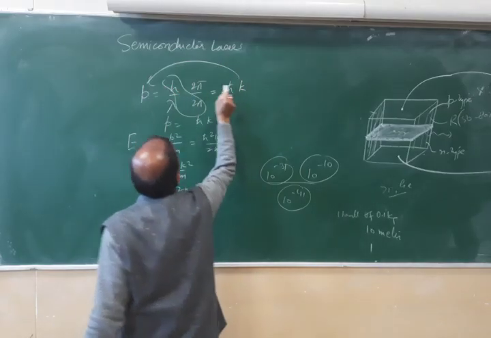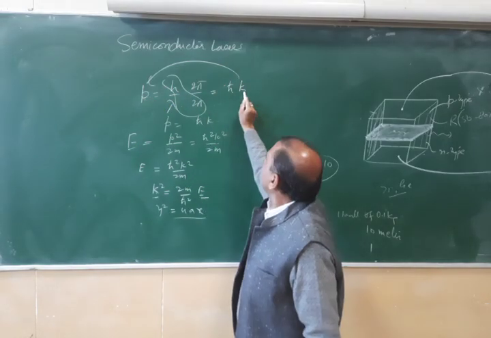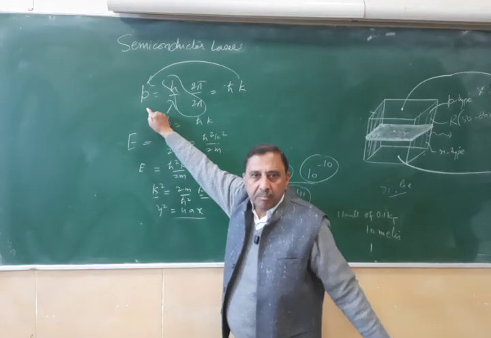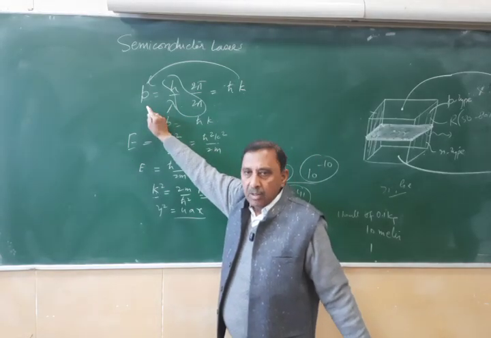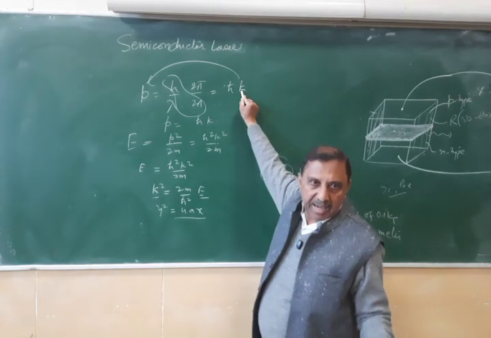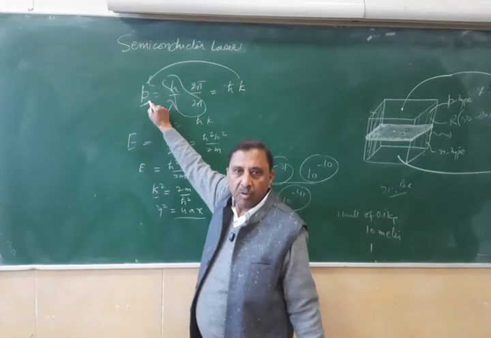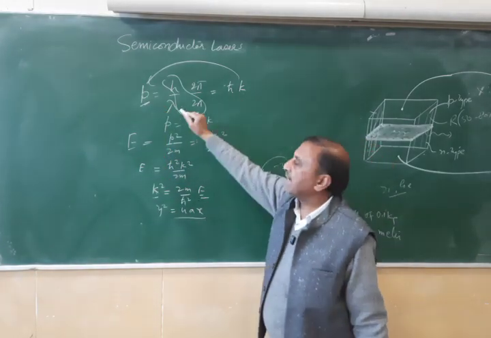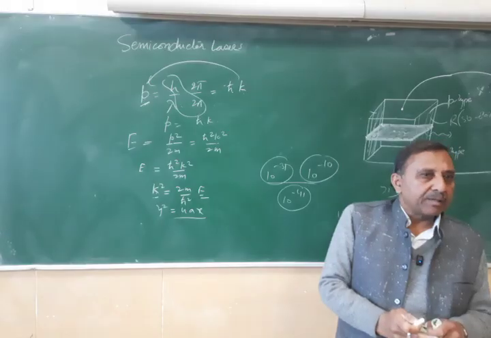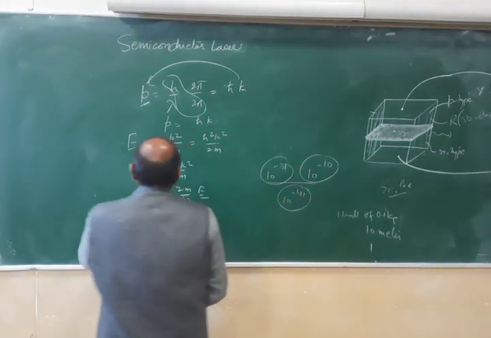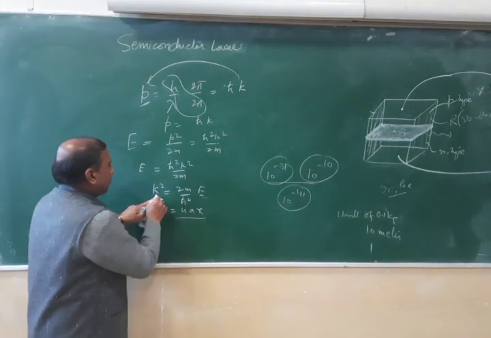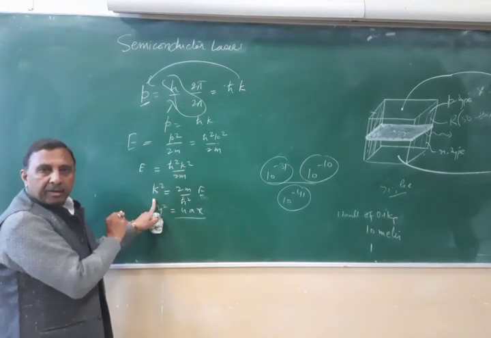The relation between energy and wave vector, and k, from here, k is related to momentum, right? So either you talk of k or you talk of momentum, because momentum and k are linearly related. Okay, so the relation between energy and k is like a parabola.